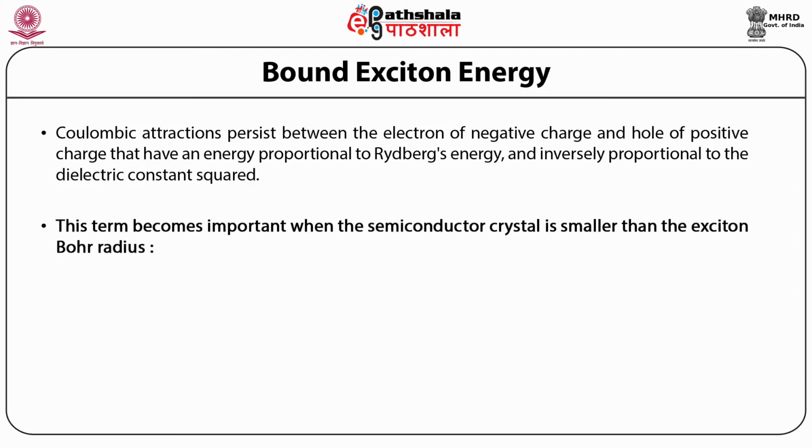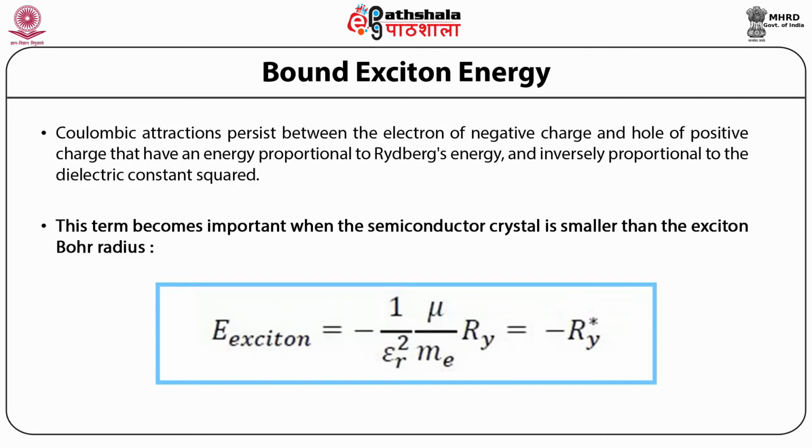The term assumes significance as the semiconductor crystal becomes smaller than the Bohr radius of the exciton and is given by E_exciton = −(1/ε_r²)(μ/m_e) Ry, which is equal to −Ry*, where Ry is the Rydberg constant.